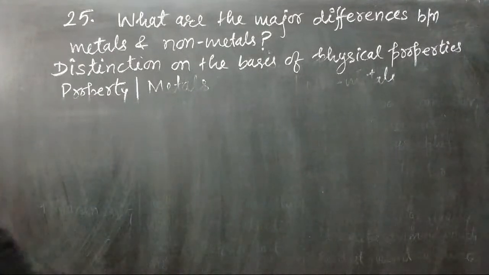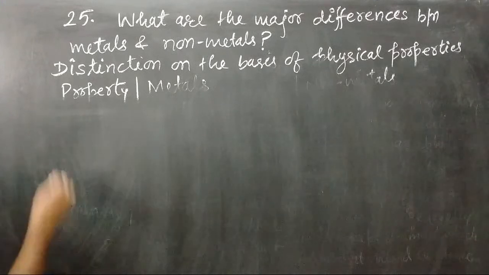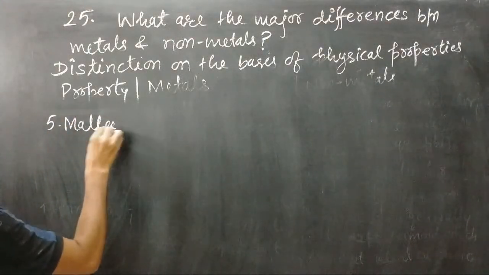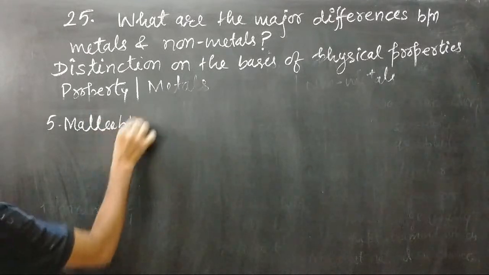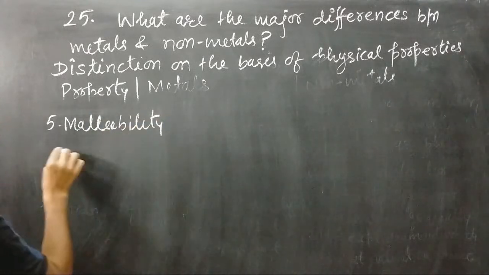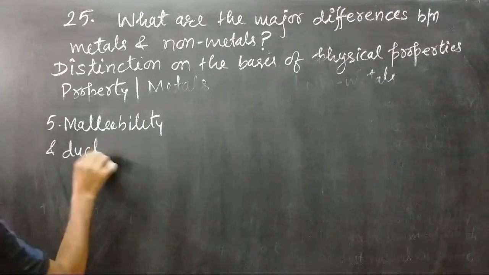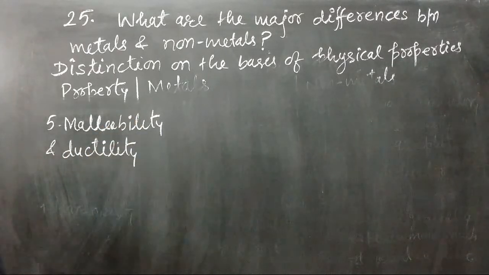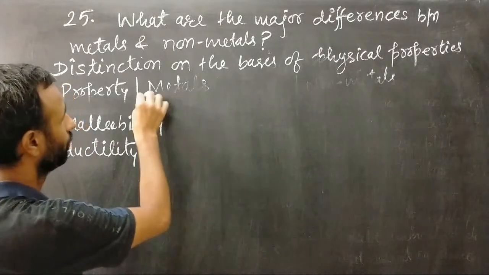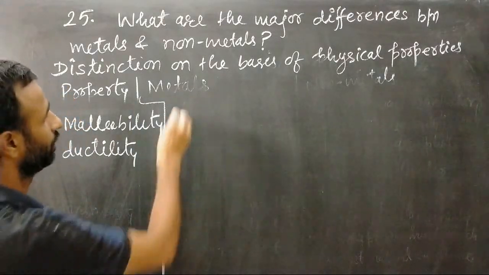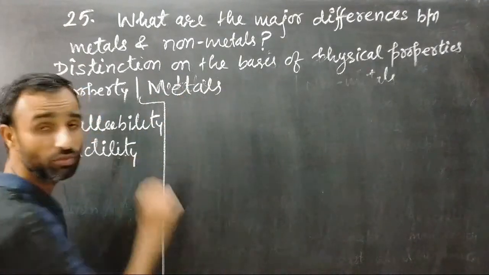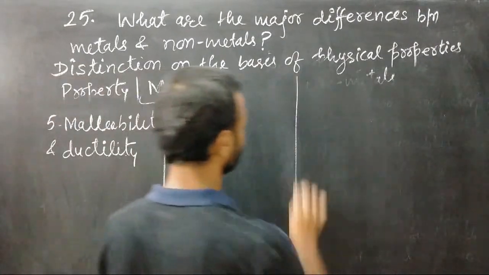Now next property is malleability and ductility. Malleable means which can be beaten into sheets, and ductility means can be drawn into wires.